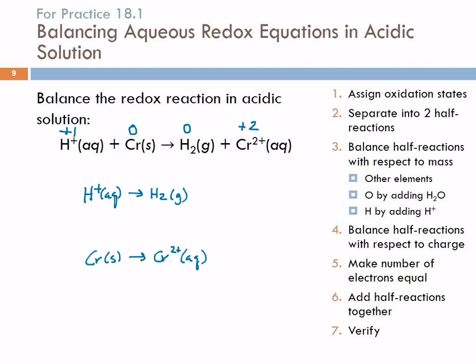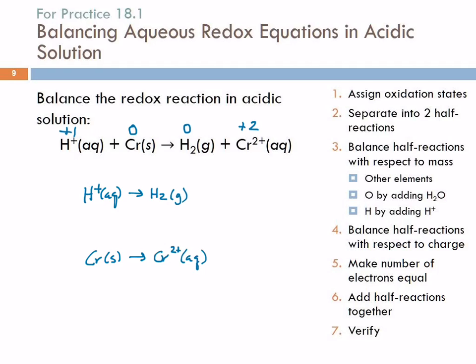Then we're going to balance them with respect to mass. Other elements, oxygen, and then hydrogen. Well, this one doesn't have any other elements, and it doesn't have oxygen, so we'll just balance the hydrogen. So here we've got 2 hydrogens, and here we have 1 hydrogen ion.